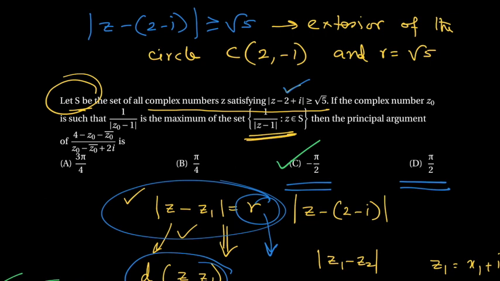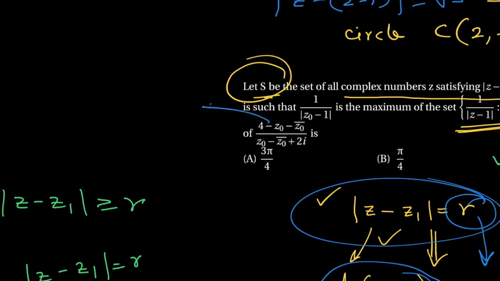If you know the idea, it should strike you very easily, because when you look at the question, quantities like z0 plus z0 conjugate and z0 minus z0 conjugate are hidden here. So it is very easy to detect that you have a real quantity in the numerator and an imaginary quantity in the denominator, and then move forward with solving it.